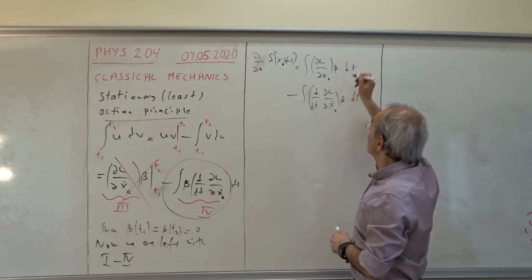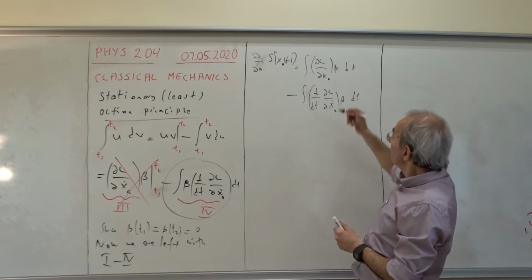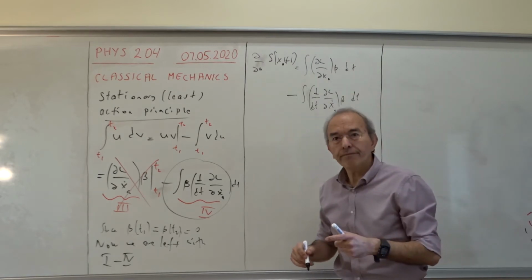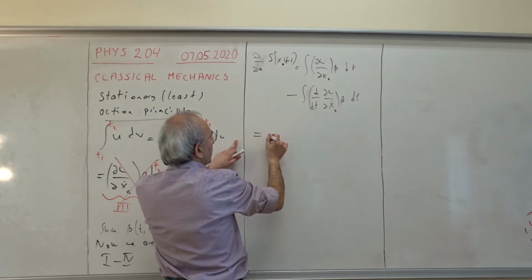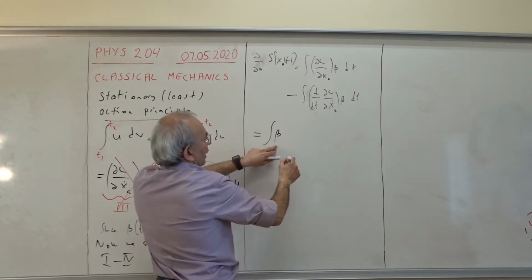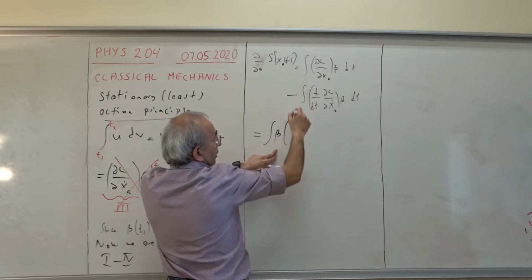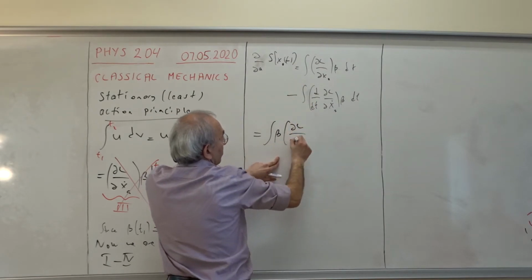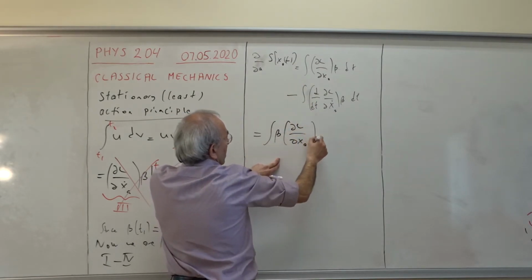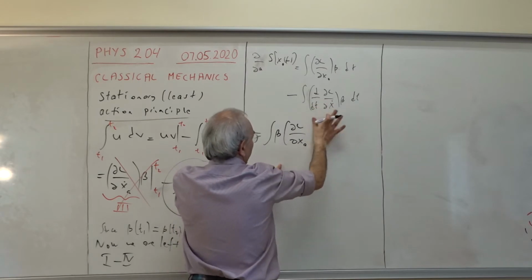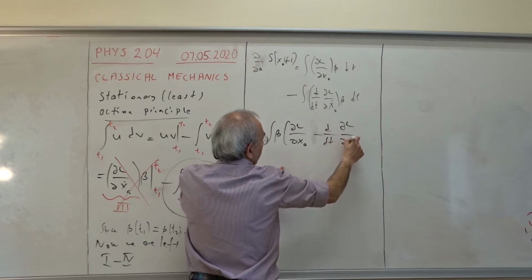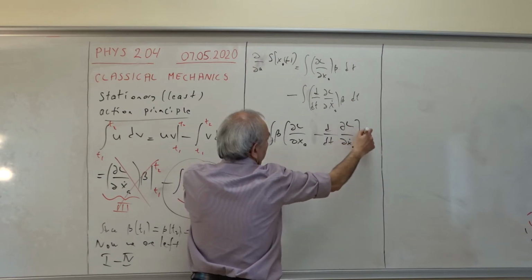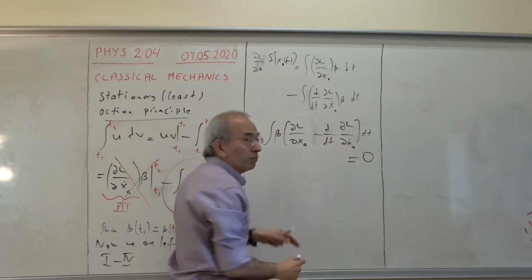So this is also dt. As you see, beta appears in both of them, so we can take it out. After that we have del L by del xa minus d by dt del L by del xa dot altogether multiplied by beta.